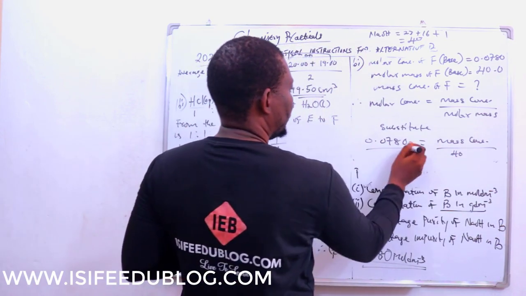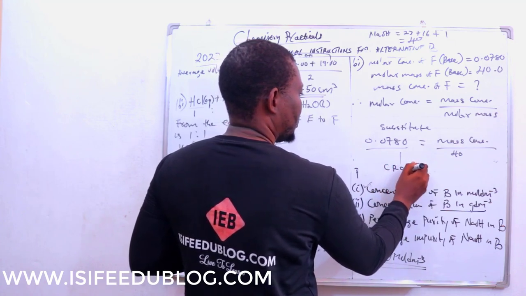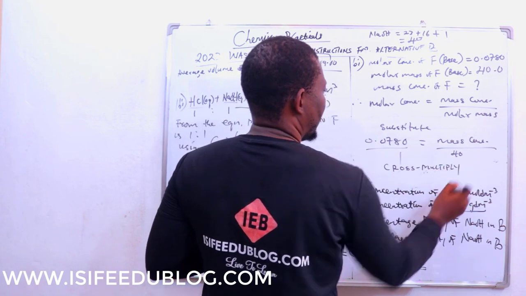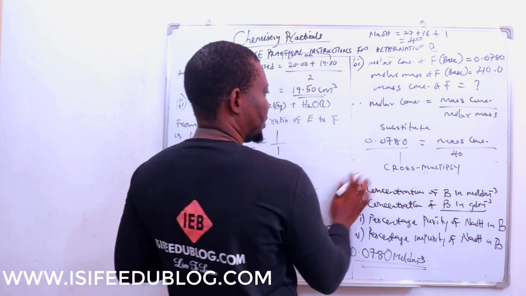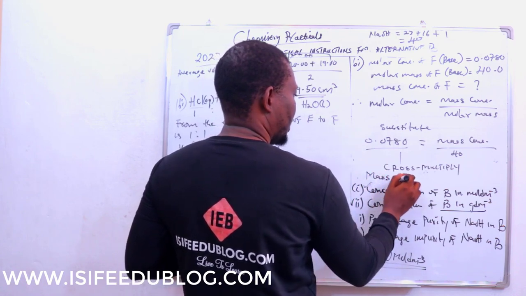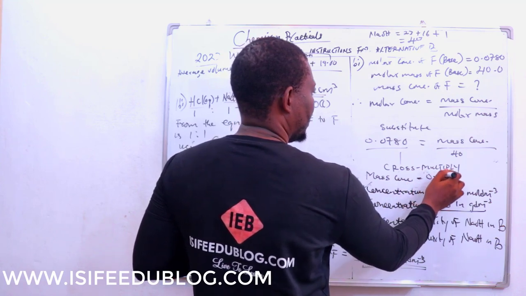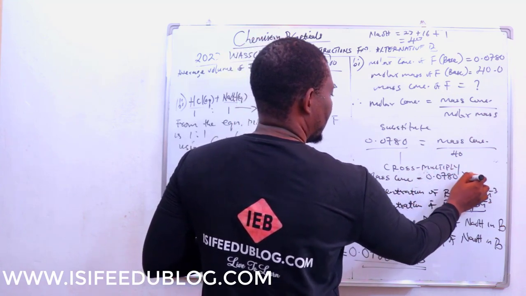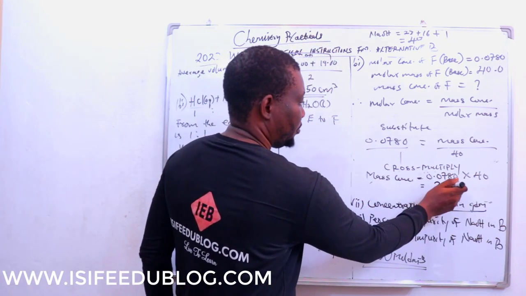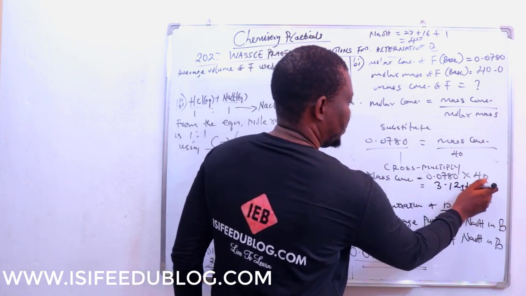We cross multiply, so mass conc is 0.0780 times 40. This gives us 3.12 gram per dm cube.